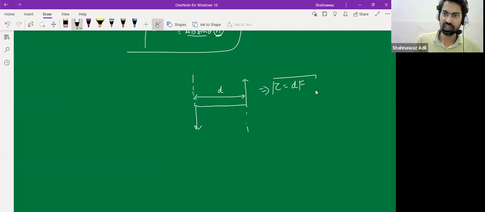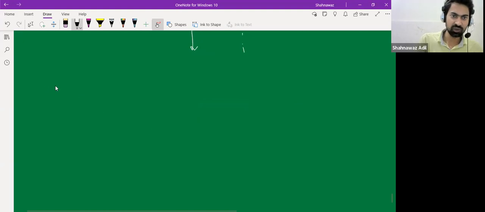So this was the torque, right, guys? And then we talked about this torque on an electric dipole.